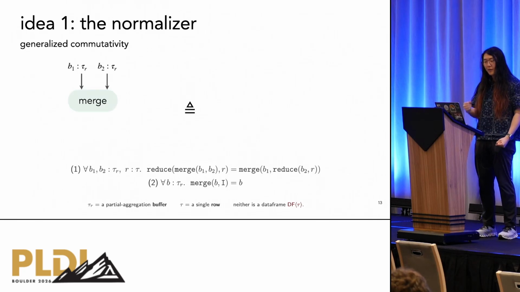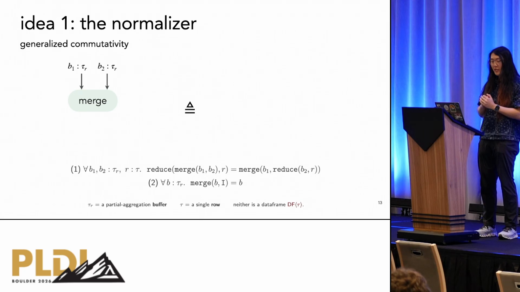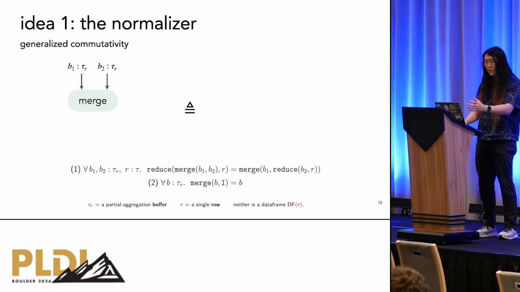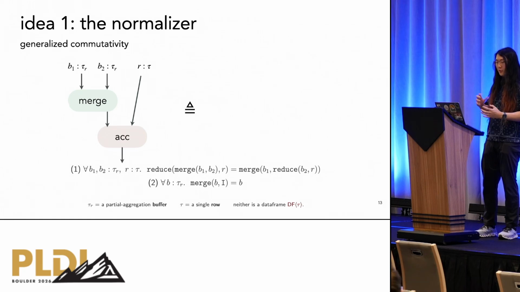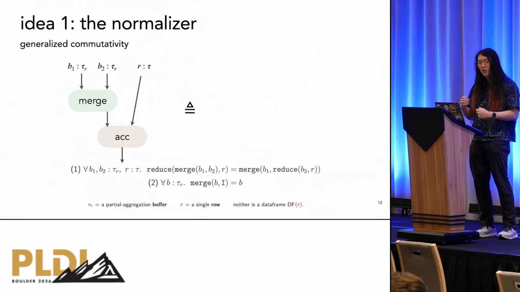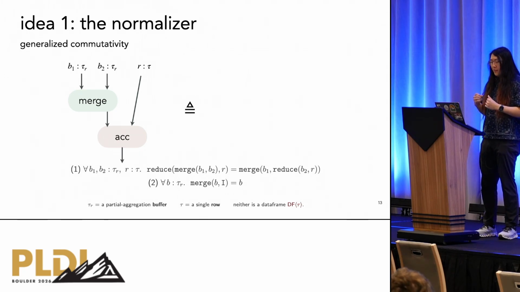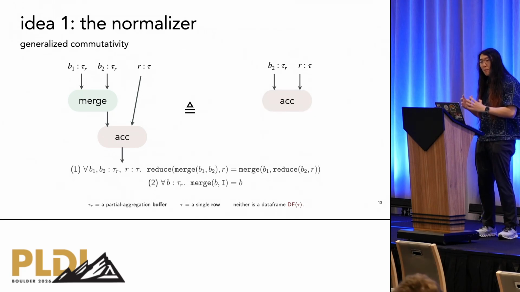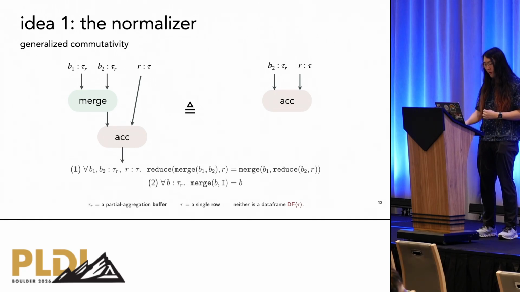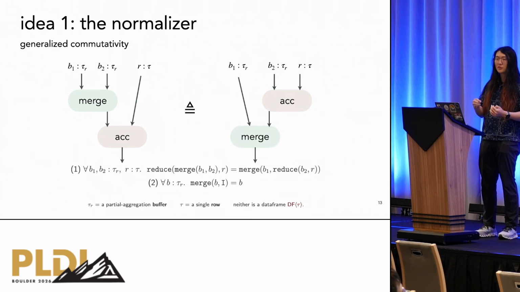Here, B1 and B2 are two intermediate state buffers, and we first feed them into the merge function. The output is then fed into the accumulate function, where the other input is the current row R. This will be equivalent to the alternative execution path where we first do accumulation on B2 and R, and then use the merge function to merge in the partial result from B1.